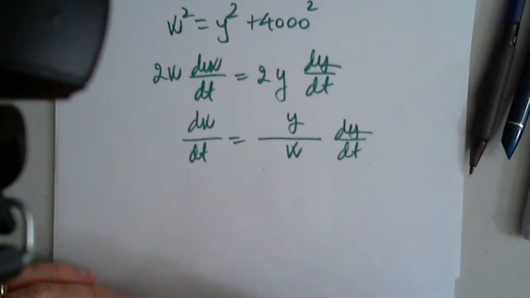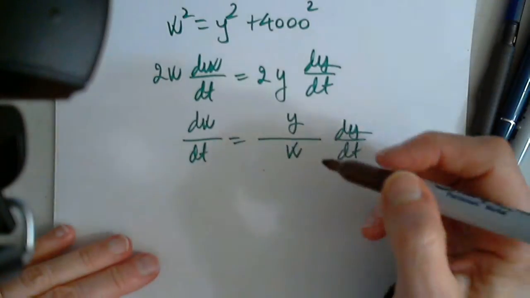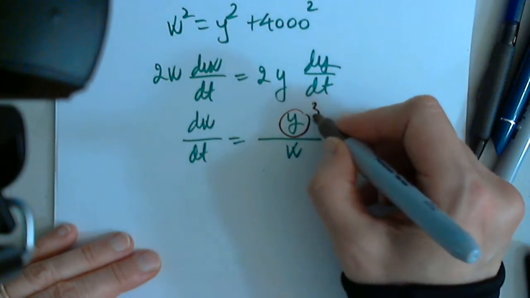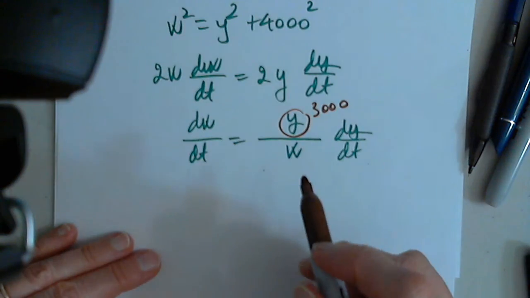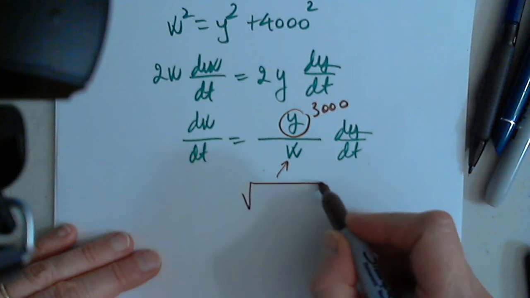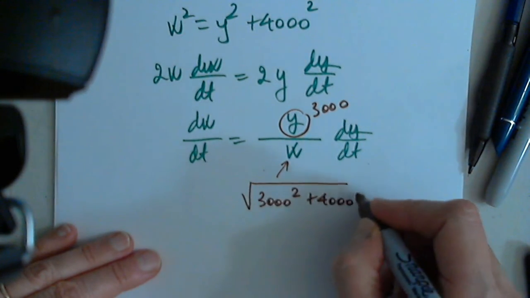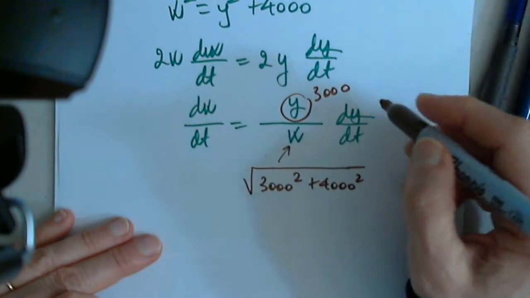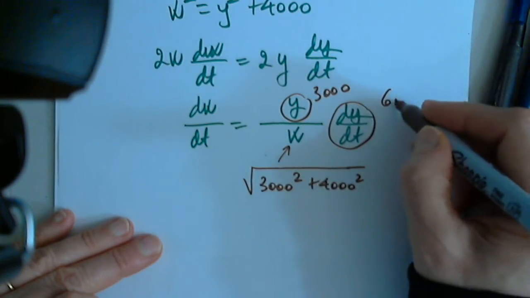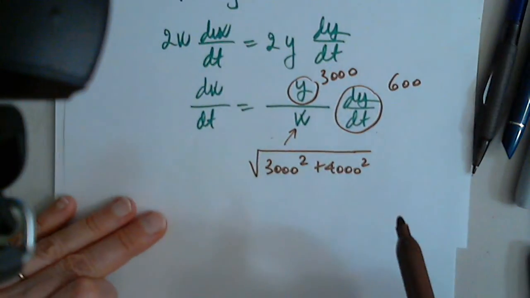So at that instant, y is 3,000. W, I have to determine it, is the square root of 3,000 squared plus 4,000 squared. And dy over dt is 600. I just want to make sure that everything is in feet and there is no trick here.